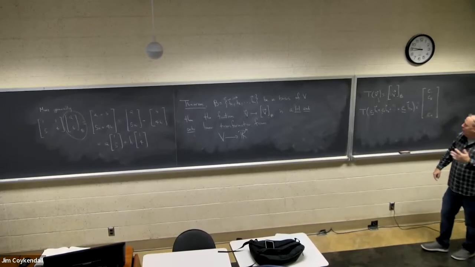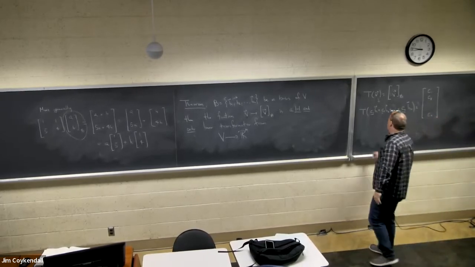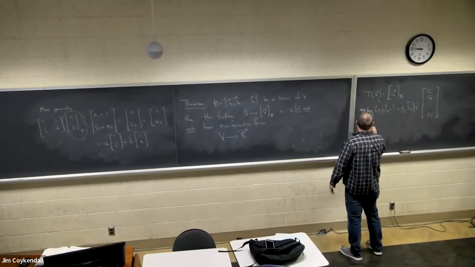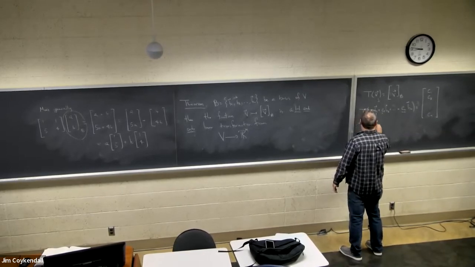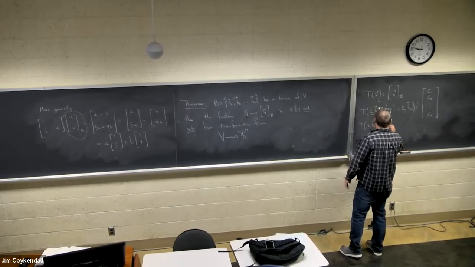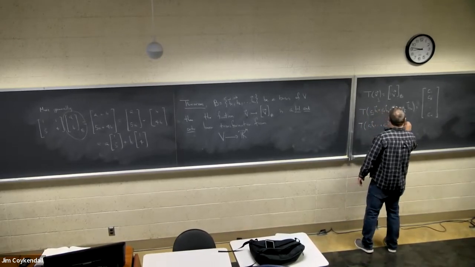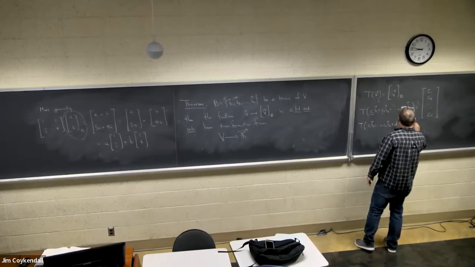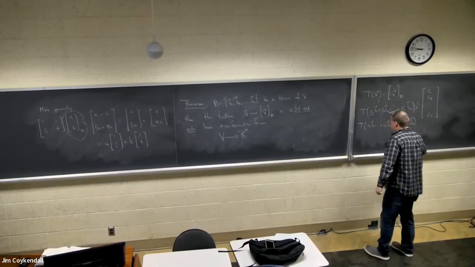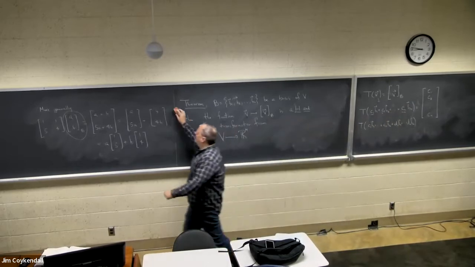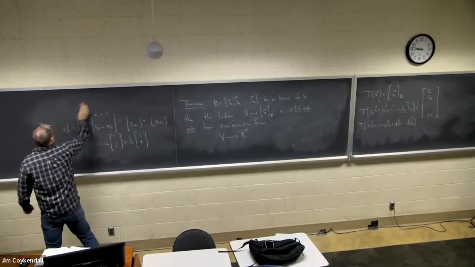This is a linear transformation because if you look at T of C1 B1 plus through Cn Bn plus D1 B1 through Dn Bn, well, first thing you've got to do is reorganize this.